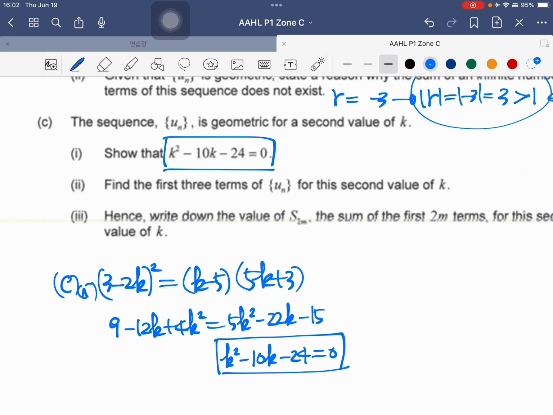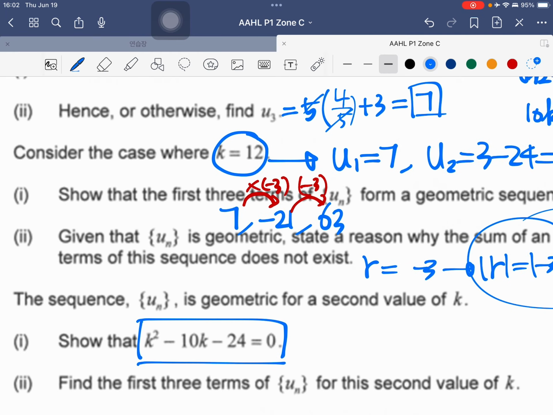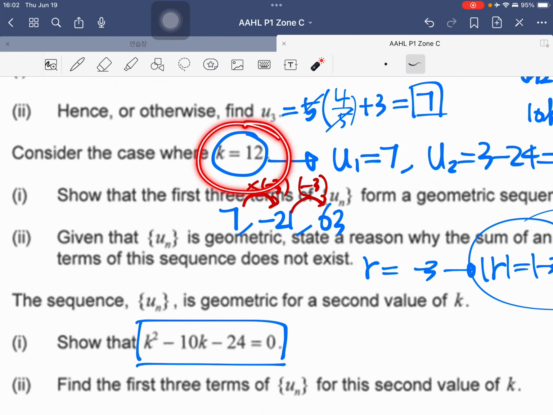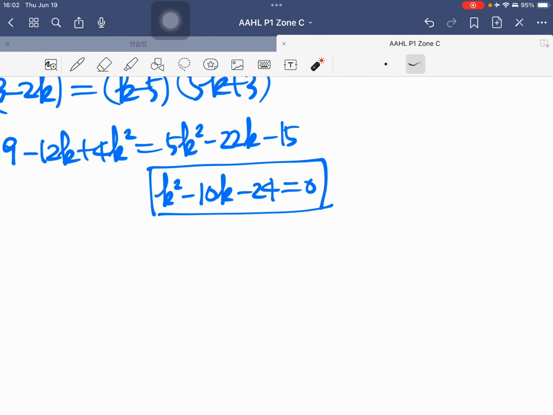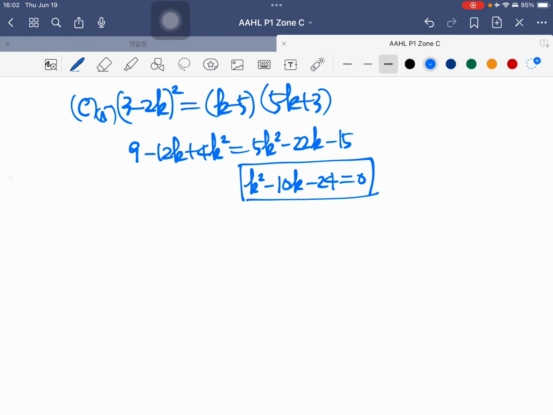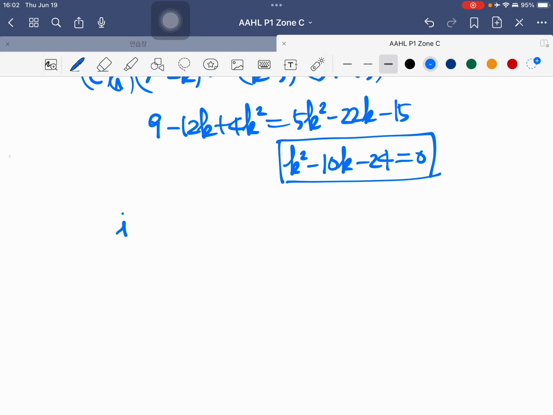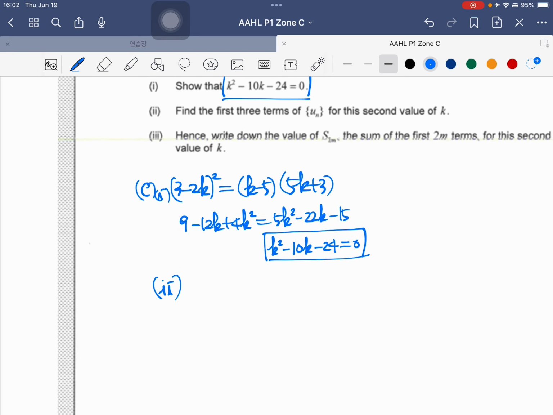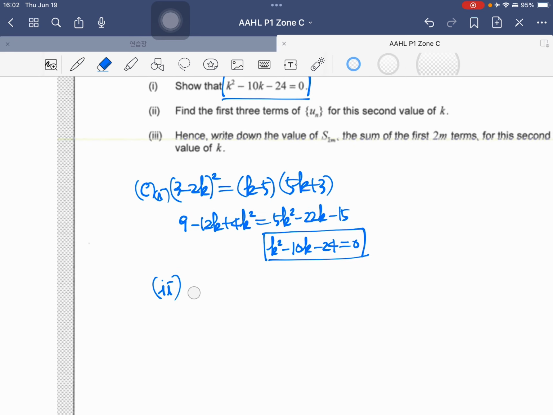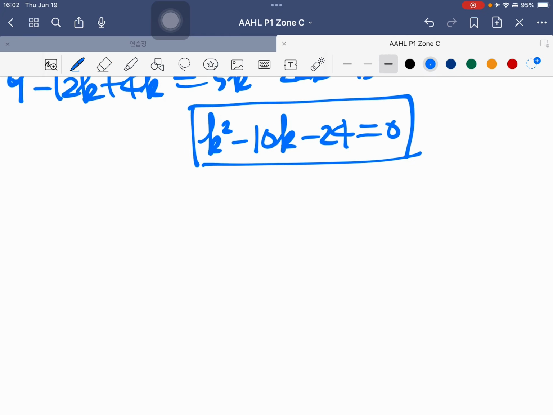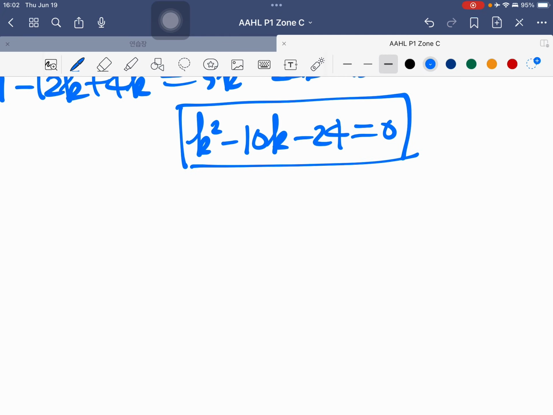Find the first three terms for the sequence un that is geometric for the second value of k. The first value of k they already mentioned, k is 12. Find out the second value of k. So for this condition, we can factorize. The first term is minus 12k, minus 12 times 2 is minus 24.